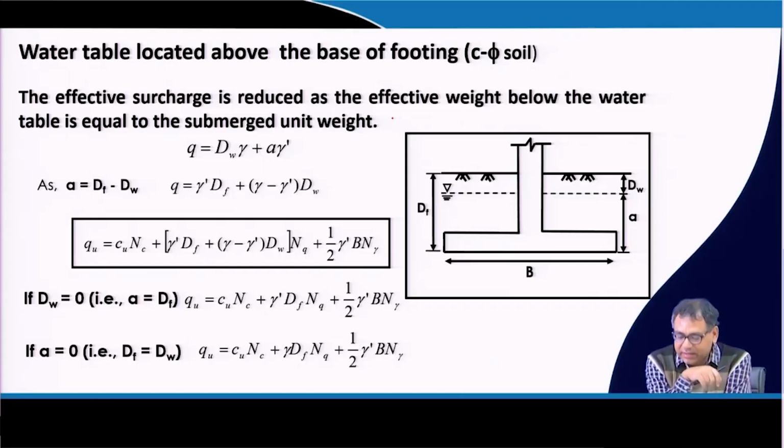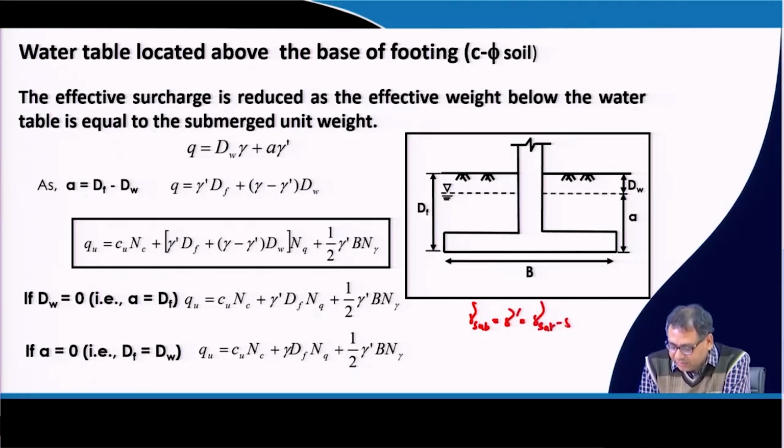In the first case, if the water table is above the base of the foundation, then the third gamma will always be gamma sub or gamma dash, which is equal to gamma sat minus gamma w. Gamma sat is the saturated unit weight of the soil and gamma w is the unit weight of the water.